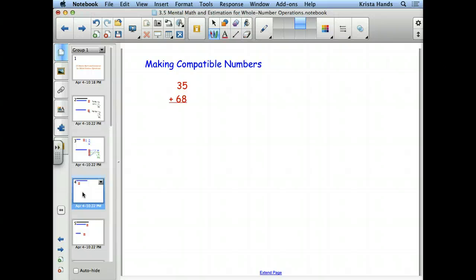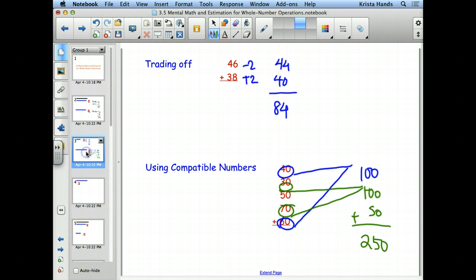Well, if I were working with the 35, what would be the compatible number to 35? What would it be? No, compatible means it has to add up to something that's a really nice number. In particular, the number in the last section was what? In the last slide. 100 over here.